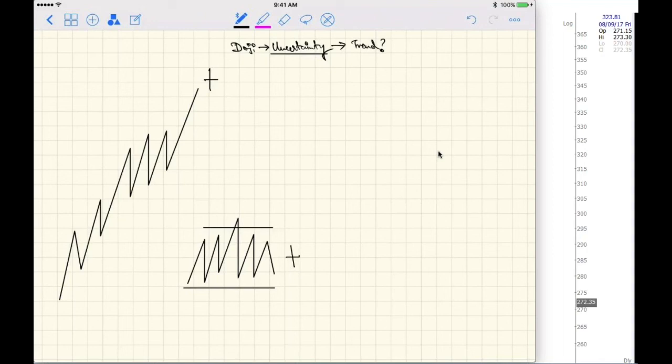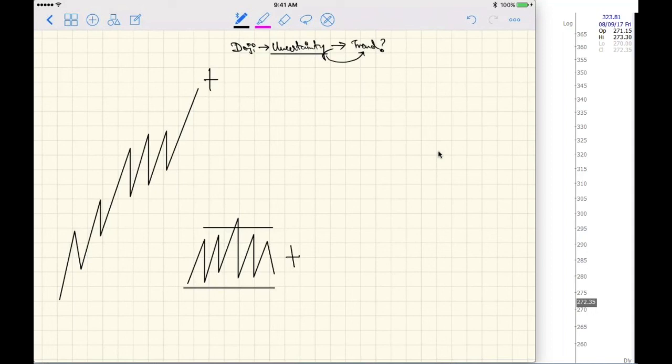Now come to this example where it's an uptrending stock, so there is a trend. When there's a trend and there is a sign of uncertainty, this is added information. Now I get a sign of uncertainty, and this uncertainty can be in terms of the underlying trend. I ask myself, what is the trend? I can see that the trend is up. So if the trend is up, why am I uncertain?